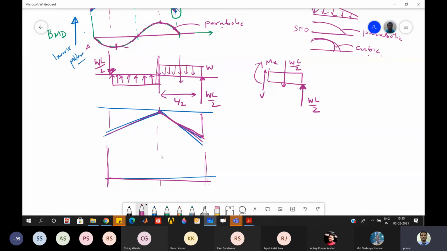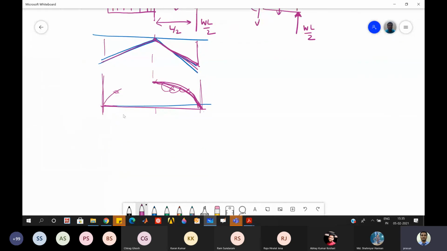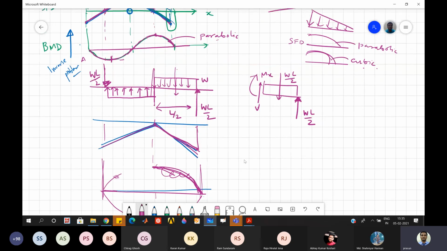That means it will be something like this. Isn't it? And then this is, no, shear force ulta. So it will be like this. Is this the bending moment diagram?